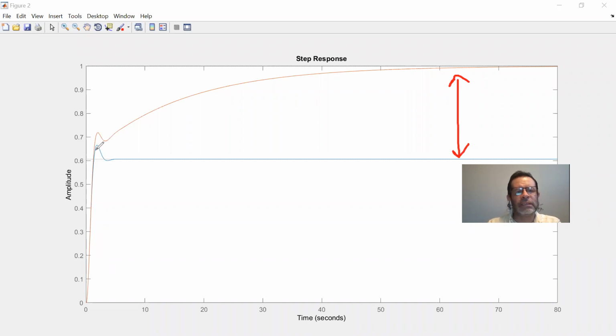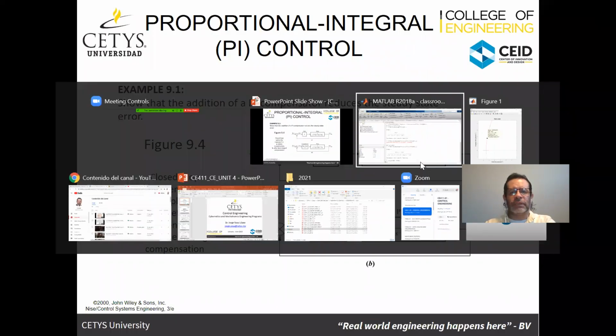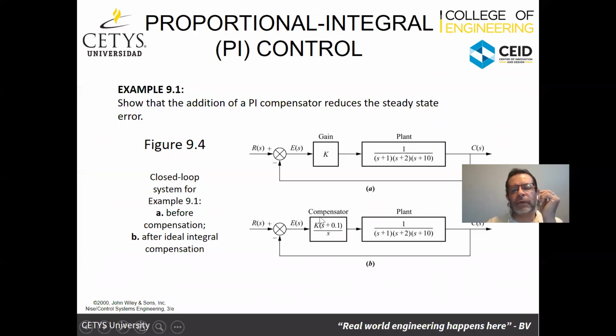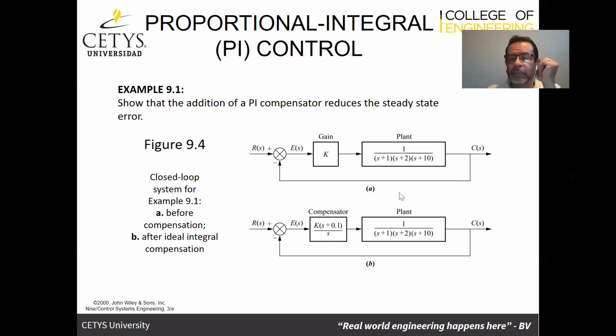In the case of the red one, the error was reduced until it tends to be 0. And so what's the moral of this? By adding the proportional integral controller to the system, we're automatically going to reduce the steady state error.